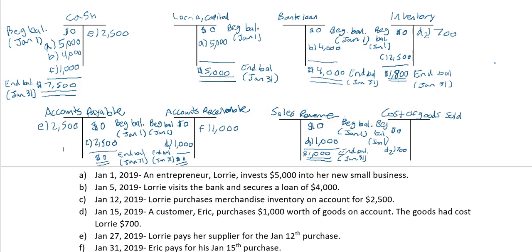And finally, cost of goods sold. We have 700 on the debit side. Can't really get the double underline there, but you get the idea. I'm going to cheat a little bit, write down my ending balance on this side.